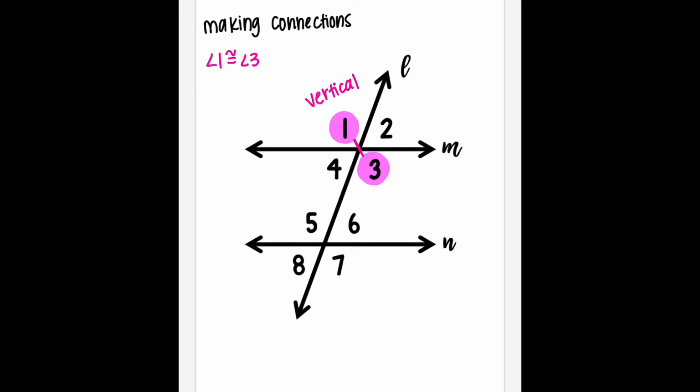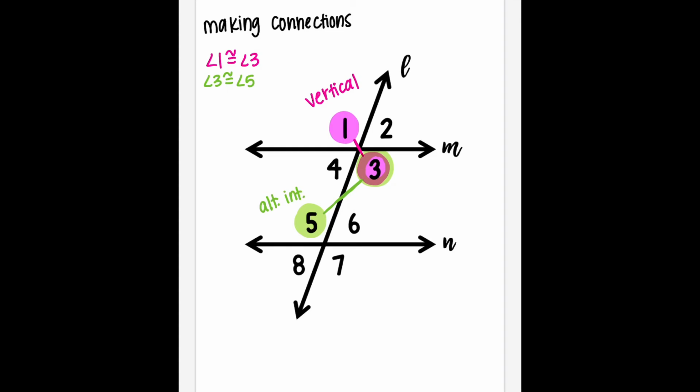Okay, now from angle 3, that's an interior angle. So we know some things about interior angles. We know that if this is in the top right, then the opposite or the alternate of that, the bottom left of the interior, these are alternate interior and they are congruent. So angle 3 is congruent to angle 5 because these are alternate interior angles.